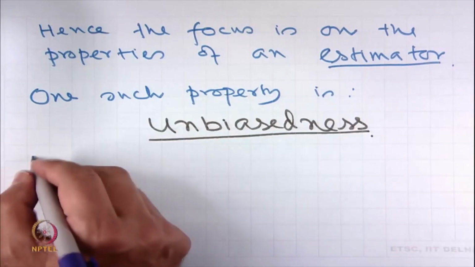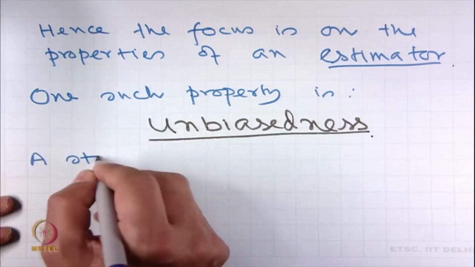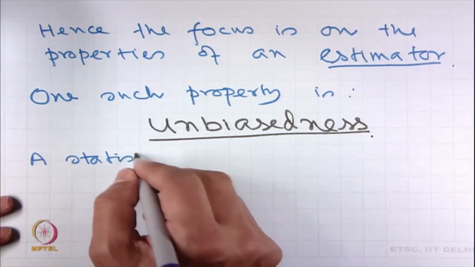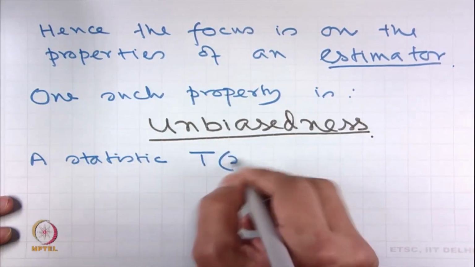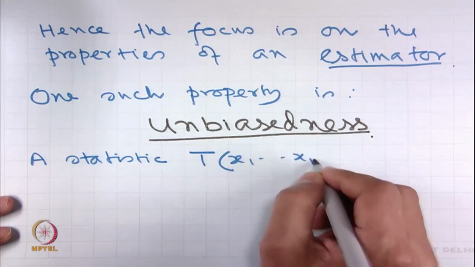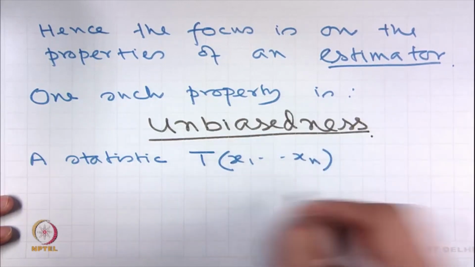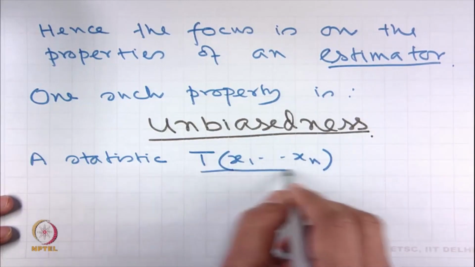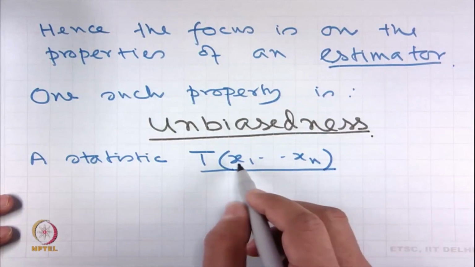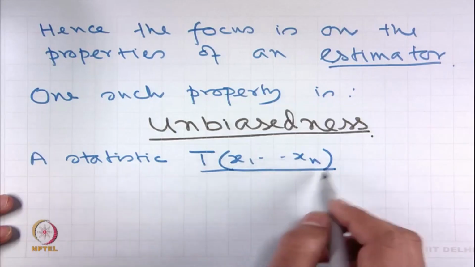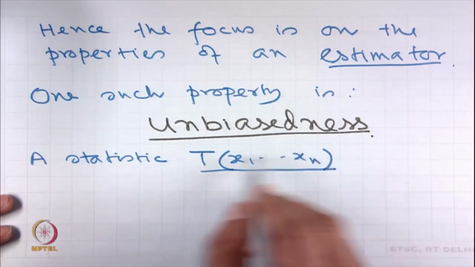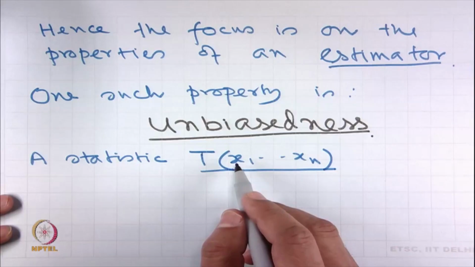A statistic T x1, x2, xn. What does it mean? It means that I have taken the samples x 1, x 2, x n, and T is the function that is defined on the sample.